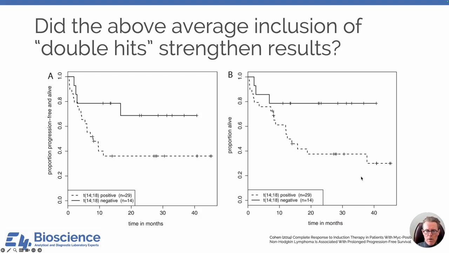And we know that because here's a Cohen 2014 paper where they're looking at single hits versus double hits, and you can see in both PFS and overall survival that there is at least a twofold difference. So just by virtue of including more patients with double hits, I think it made achieving the endpoints harder. And again, I believe that this strengthens these results.